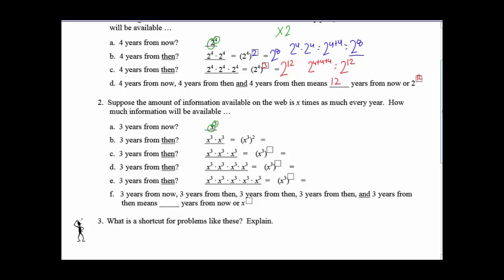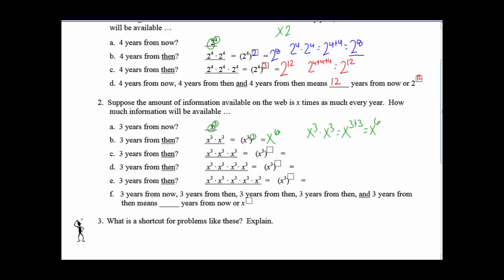If we look at part B, 3 years from then, we'll have x cubed times x cubed, or x cubed squared. We can think of that as x to the 3rd plus 3, so that would be x to the 6th. So x cubed squared would be x to the 6th.